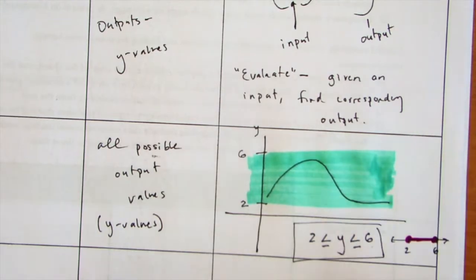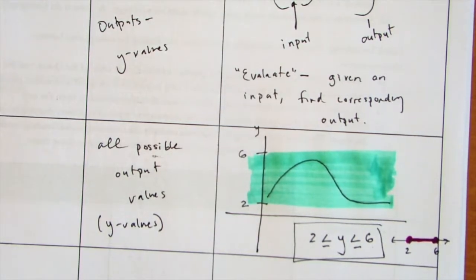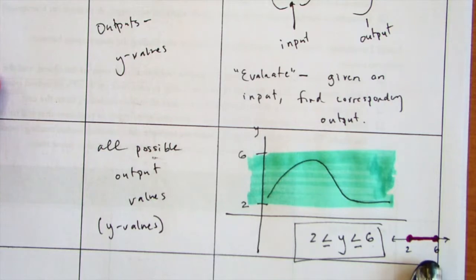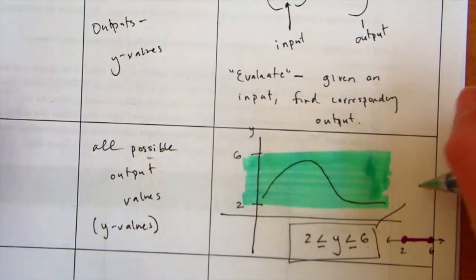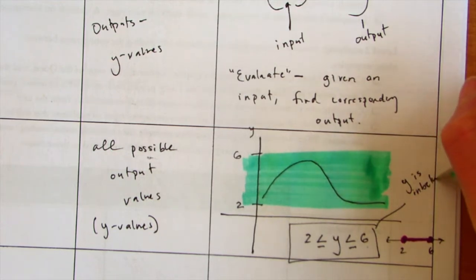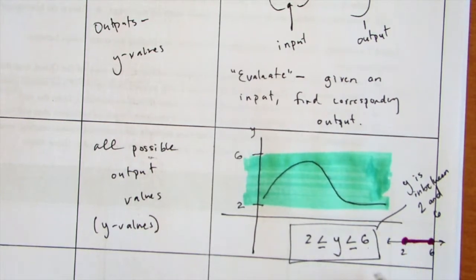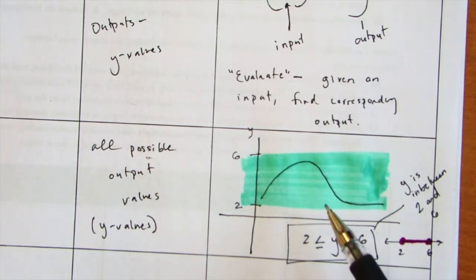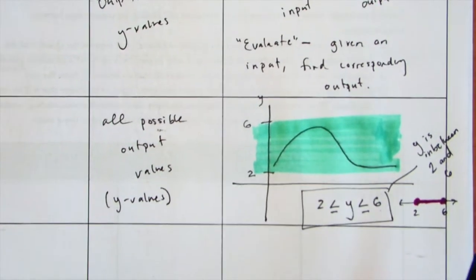So if you can see that visually, it actually is the same thing as saying y is in between these two values. It's in between 2 and 6. Let's write that out. Y is in between 2 and 6. So here we have the representation with an inequality, we have the verbal representation and the representation on a number line, and a graph. So we have 4 different representations going on, which sometimes happens in math.